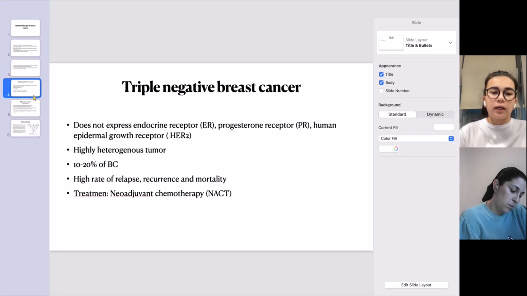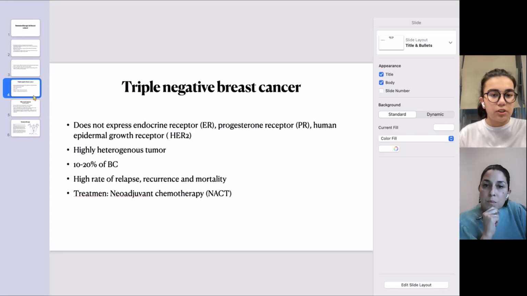And here is the third type of cancer, which is triple negative breast cancer. Triple negative breast cancer does not express the estrogen receptor, the progesterone receptor, or the human epidermal growth receptor 2, as luminal cancer does.